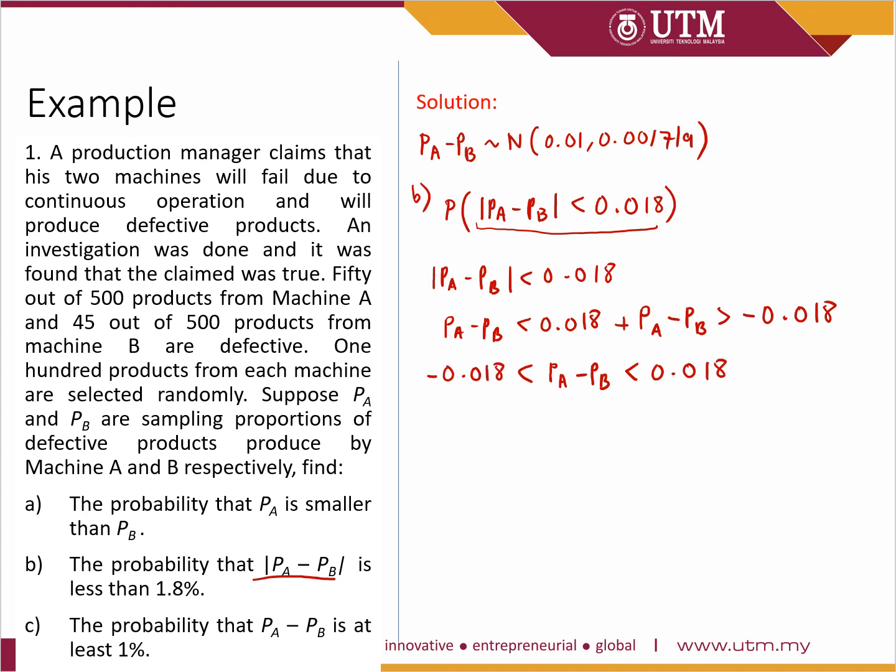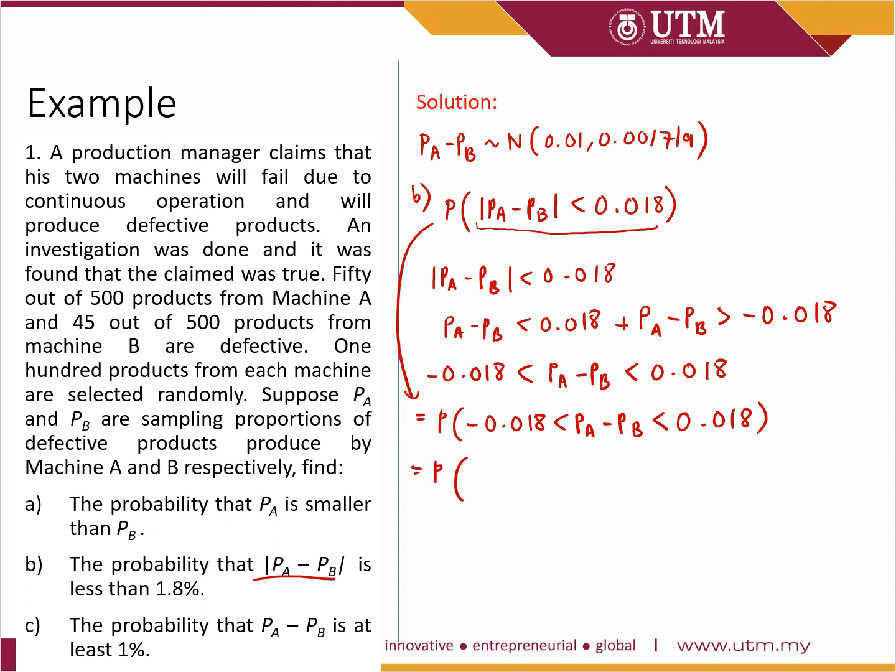So we can rewrite this as the probability of negative 0.018 less than PA minus PB less than 0.018.